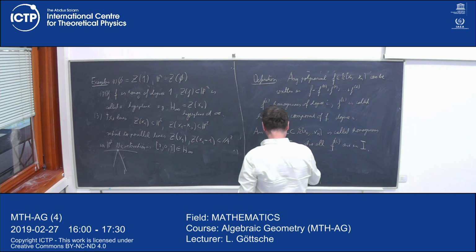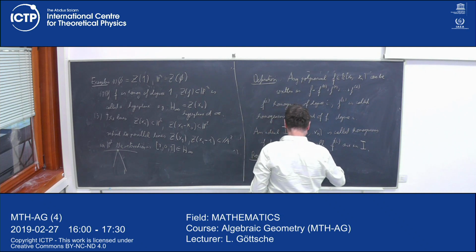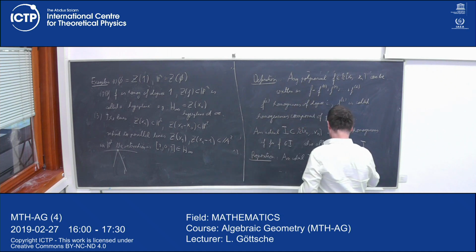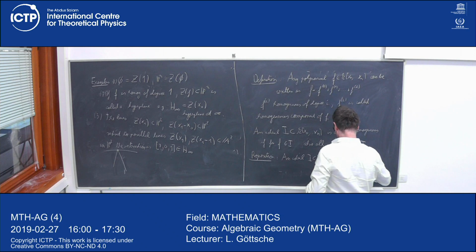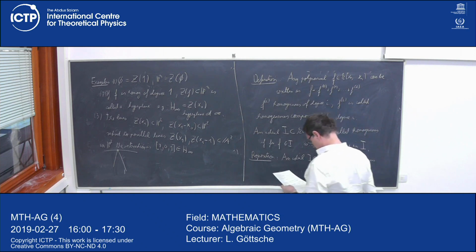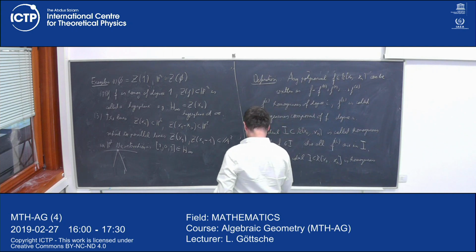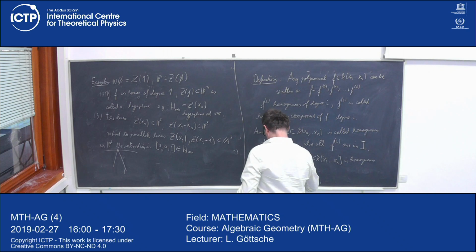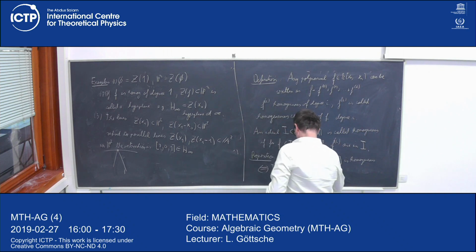An ideal I is homogeneous if and only if I is generated by homogeneous polynomials.